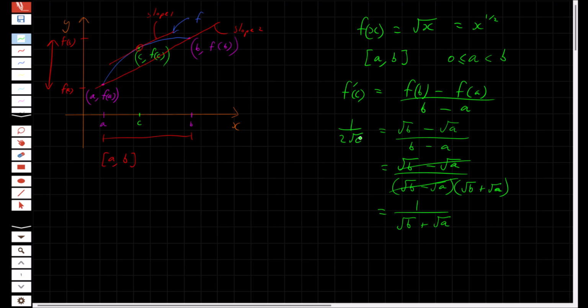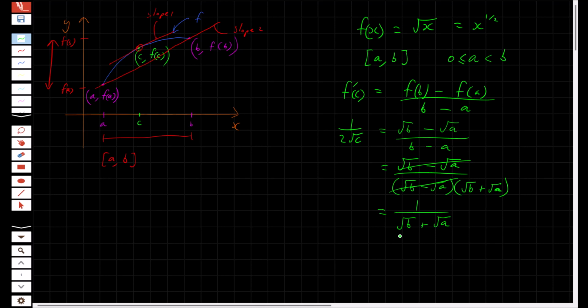Now we need to solve for c, so we can multiply 2 times the square root of c up to the right and this one up to the left, and divide by 2 and take the square of both sides.